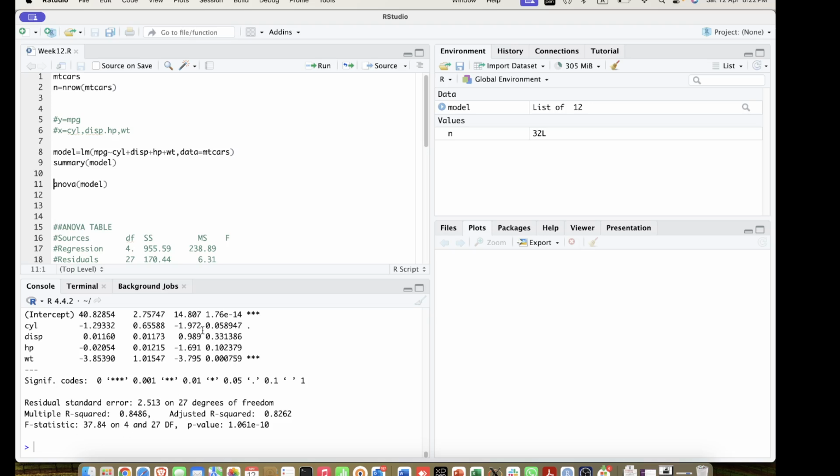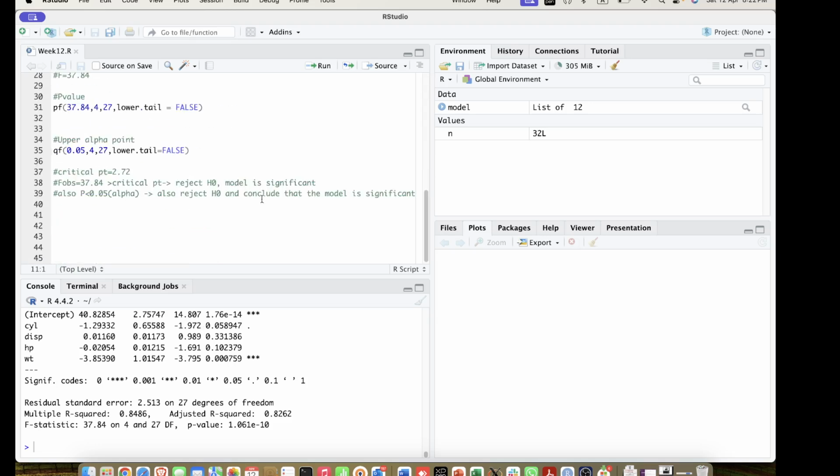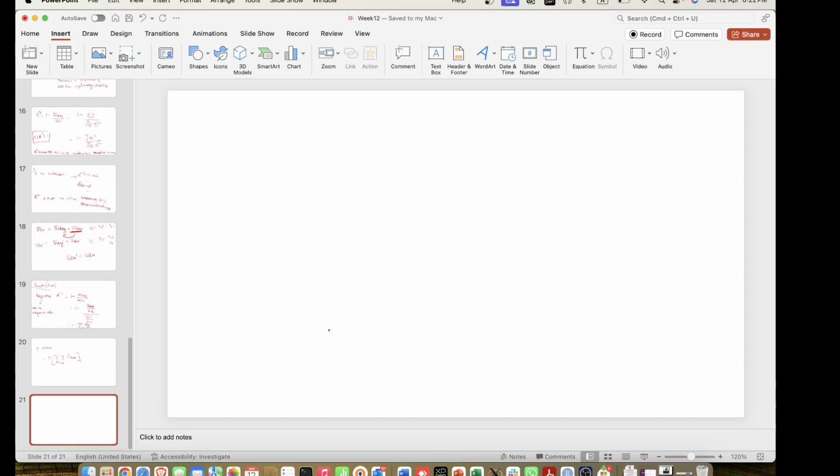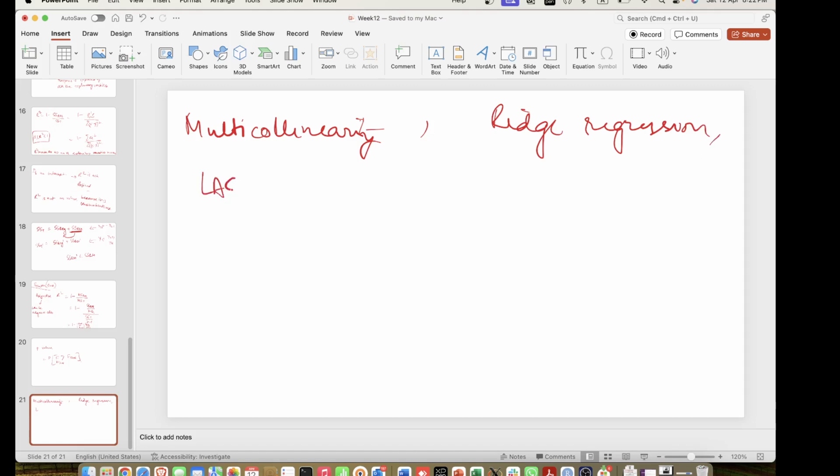All right, so now once we have that, let us learn about a few more topics which were covered in this session, which were on multicollinearity, ridge regression, and another regression that we learnt about, that is called lasso.